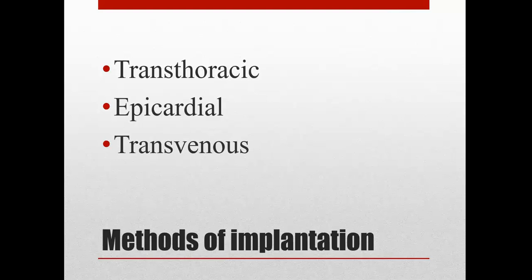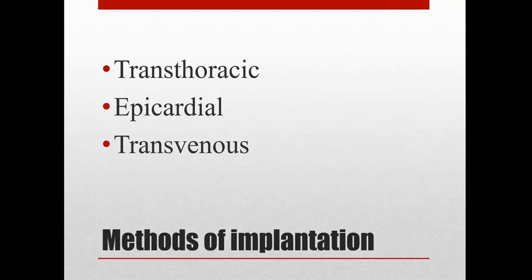So transvenous implantation is really the most commonly used one. It just has fewer complications than transthoracic placement. The way that we implant a transvenous catheter is through an incision in a vein, usually either our IJ, our internal jugular, or our subclavian vein.